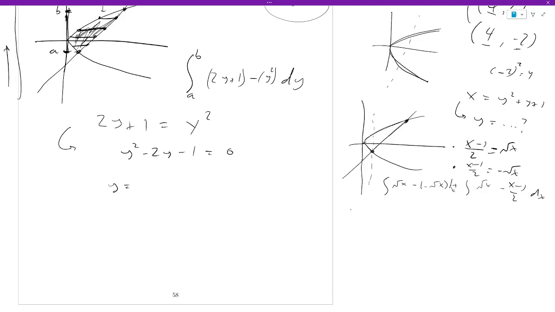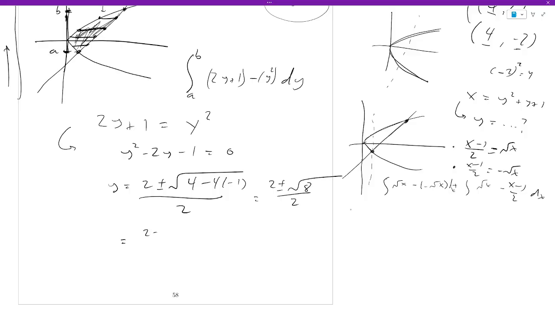So y is going to be, I might be wrong, it's hard to do math and talk at the same time, but let's do the quadratic formula. So b squared, that's 4, minus 4ac, so -1 over 2. So this is 4 plus 4, so this is 8, this is 2, and that's going to turn out to be a number.